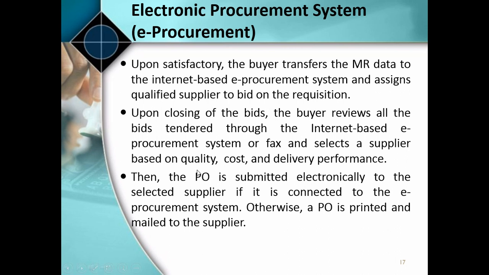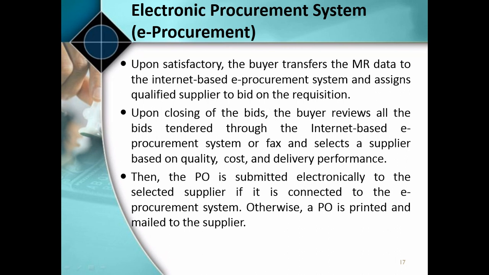Then the PO, which is purchase order yang saya ajar sebelum ni, is submitted electronically to the selected supplier if it is connected to the e-procurement system. Otherwise, a PO is printed and mailed to the supplier. Kalau kita dah pilih supplier tu, kita boleh terus submit PO melalui procurement system.